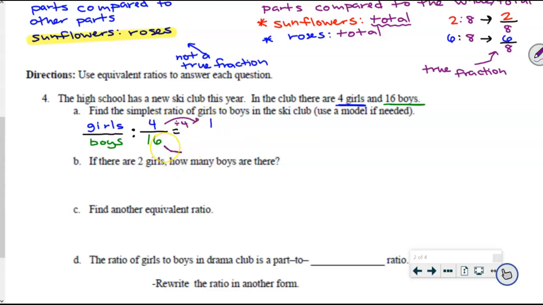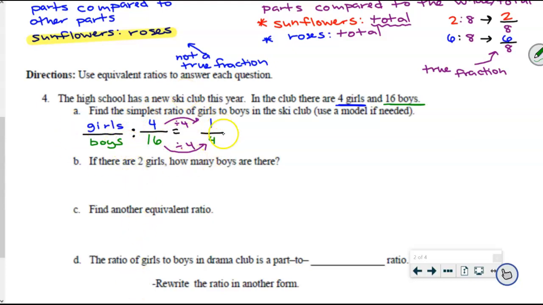And 16 divided by 4 is also going to leave us with 4. So the simplest ratio is 1 to 4, or in other words, 1 girl to 4 boys.